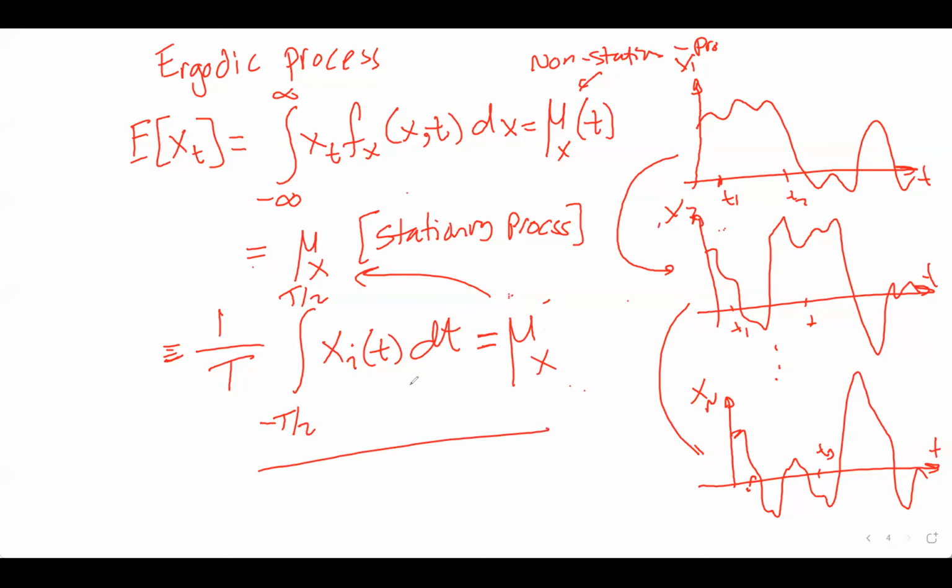So now what we need is simply to take the limit, when T becomes large enough, of 1 over T times the integration from minus T over 2 up to T over 2 of xi of t dt.